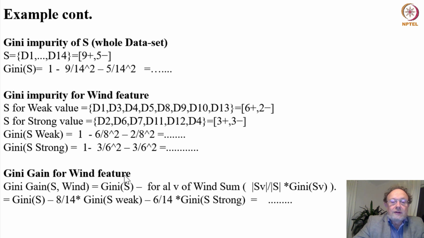But then, in the end, when you want to calculate the gain, it's a similar formula to what we used earlier. It's just that we use the Gini impurity measure instead of the entropy. And typically we get pretty similar results with these 2 methods.